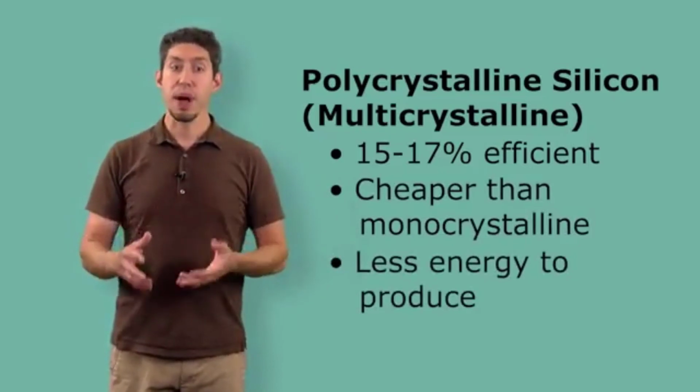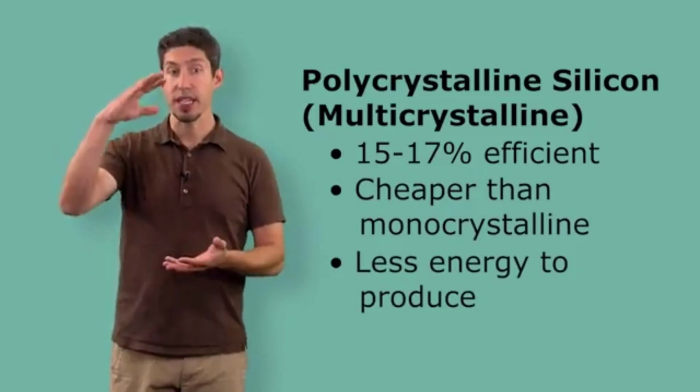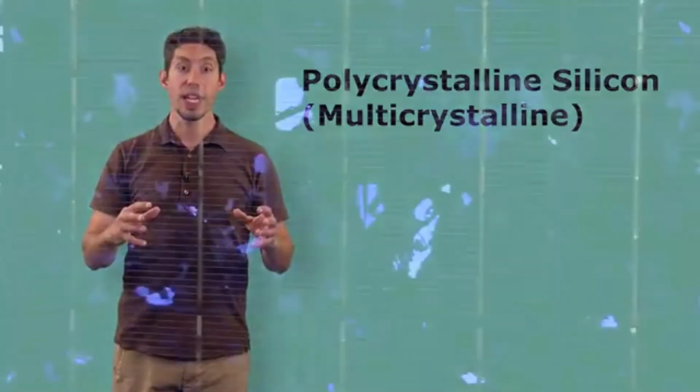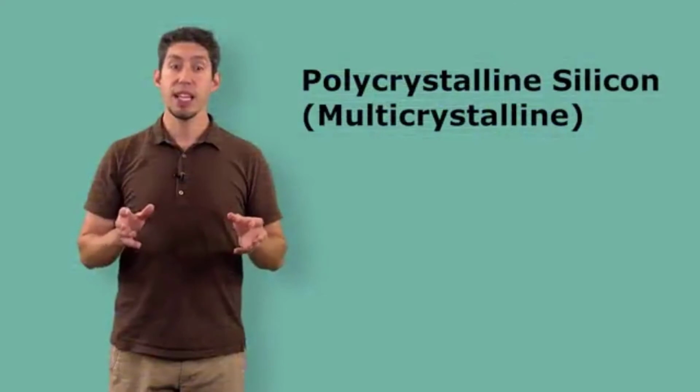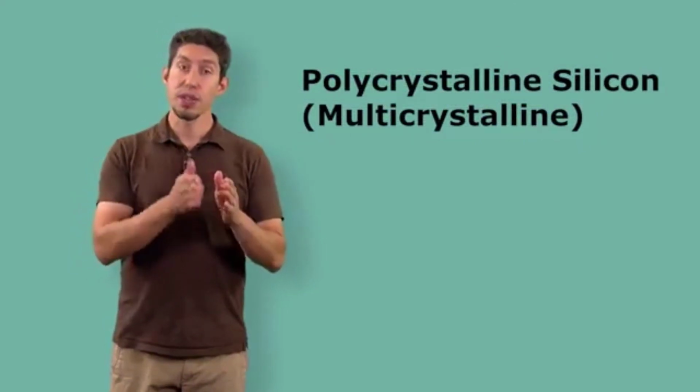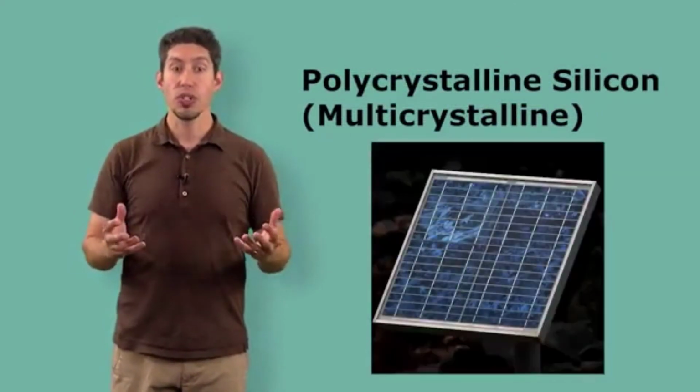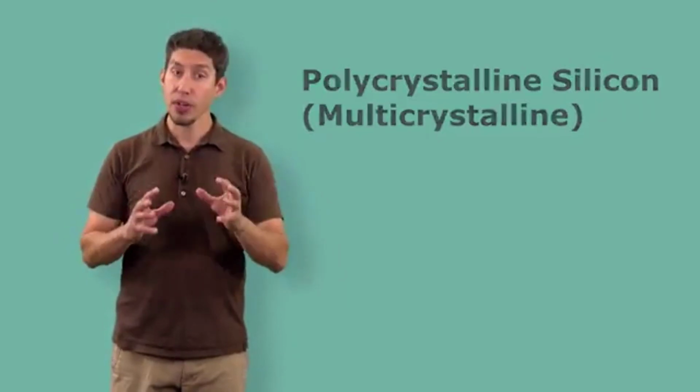The silicon is deposited in a chemical vapor process that forms multiple crystals, giving it that characteristic flaky-like appearance. The ingot can then be sliced into wafers to make photovoltaic cells or serve as the stock for making monocrystalline silicon.